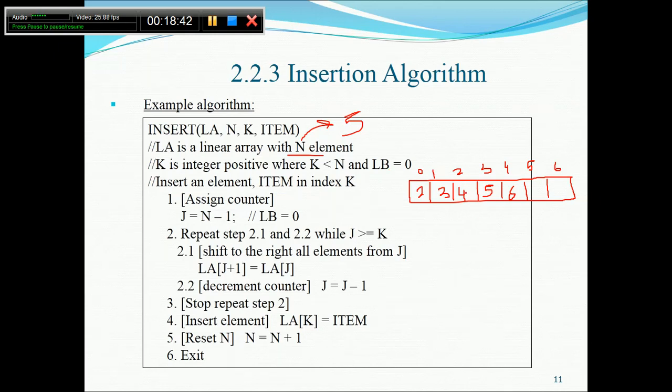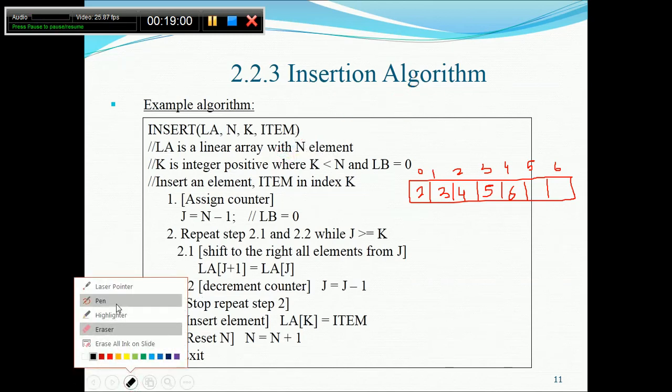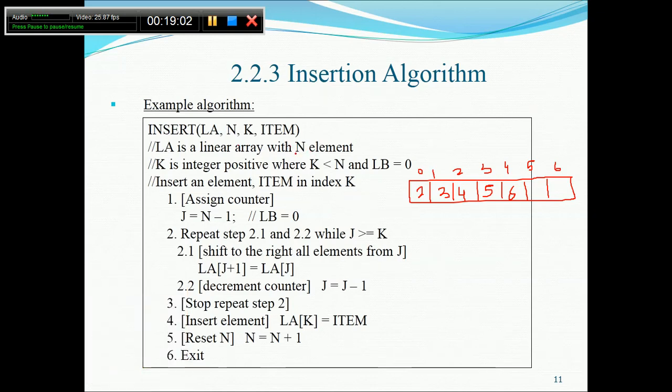Sorry, here the linear array means we have a 7 element array, so n will be 7 here. Now k is a positive integer where k is less than n. Lower bound is equal to 0. Now j is equal to n minus 1.